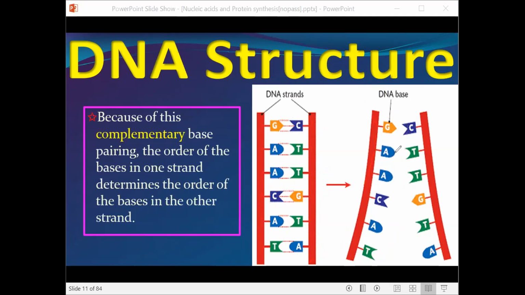Once we get to know the sequence, we can figure out what it will make. That way we can monitor it and regulate it. So what this statement is saying is they are complementary. That means the order of the sequence of bases in one strand determines the other. So you pick either the left one or the right one.